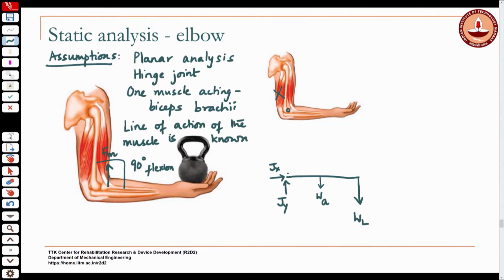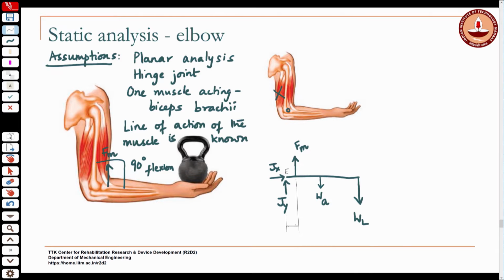And then I am making the assumption that I know that the muscle acts at a particular distance. So, let us say this is my elbow E, this is my point of muscle attachment.